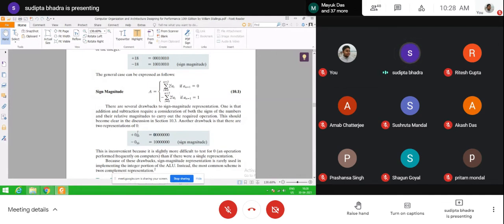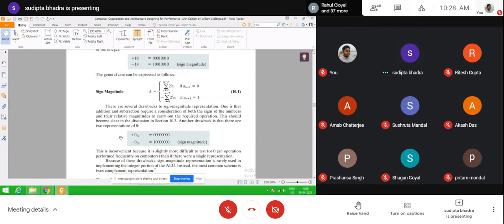Now zero can also have a representation in sign magnitude form, that is minus zero. In case of minus zero, the sign bit will be one and the rest are zero. So there is the ambiguity that zero has two representations, plus zero and minus zero.